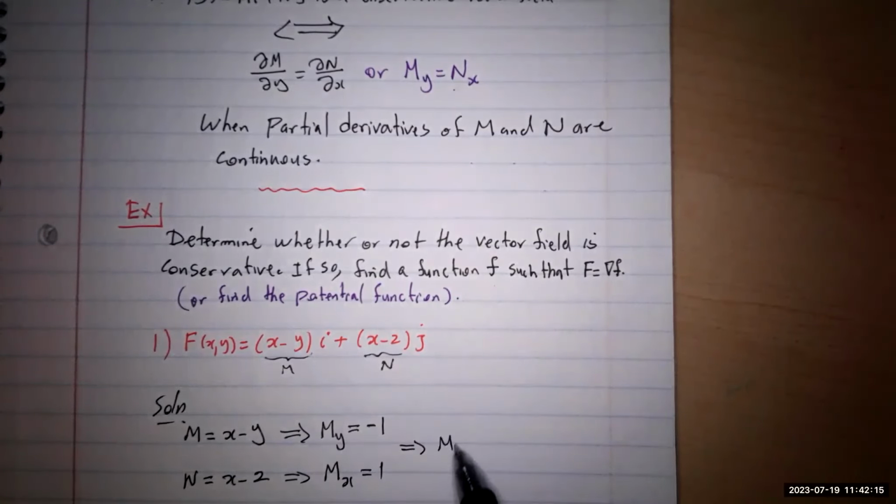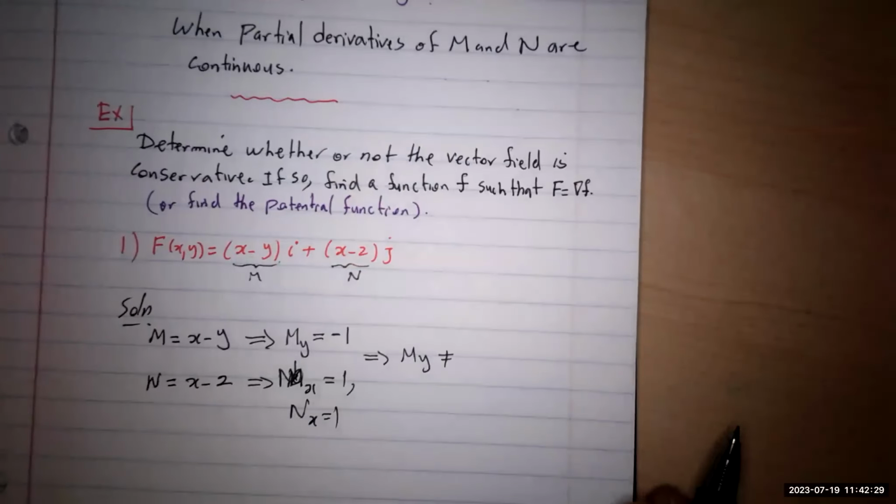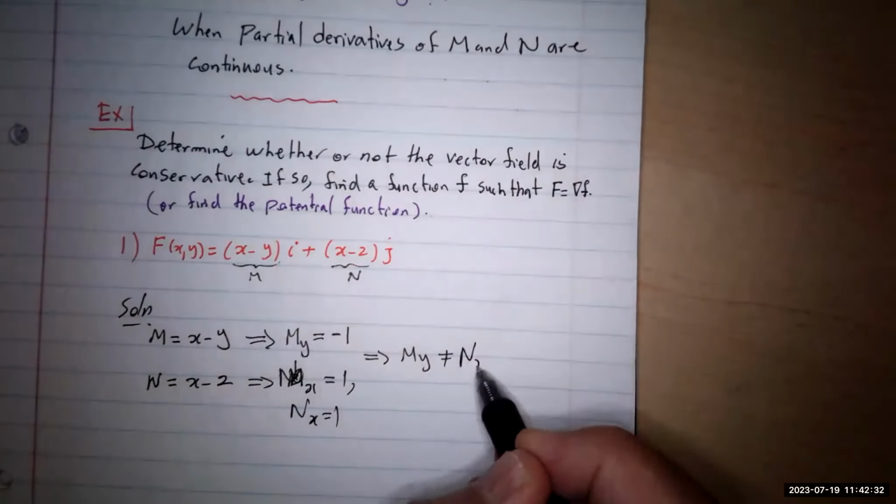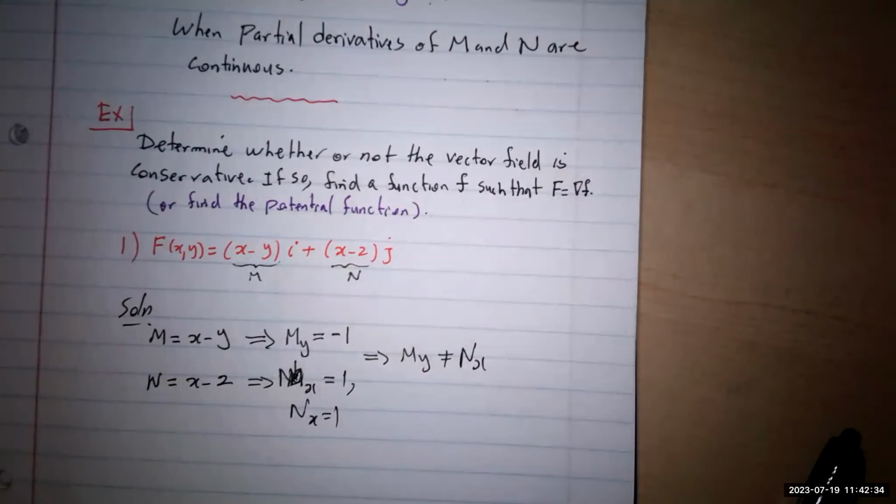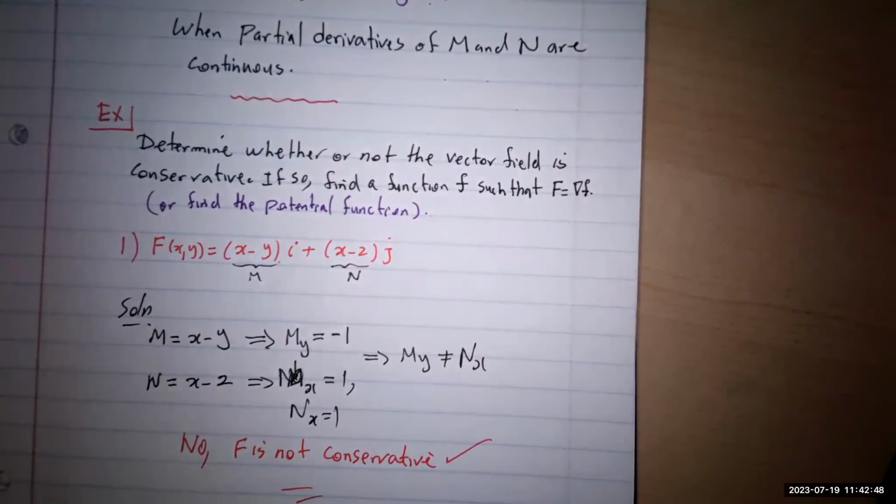So M sub y, the partial derivative of M with respect to y, is not equal to N sub x. So the answer is no. F is not conservative. So that's the first type, or case 1. Any question?